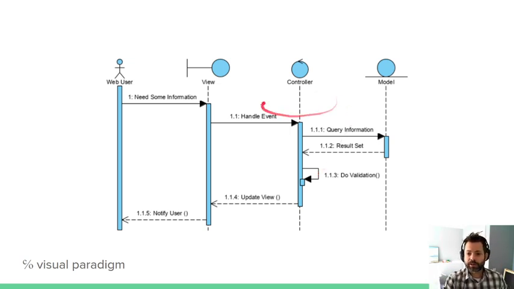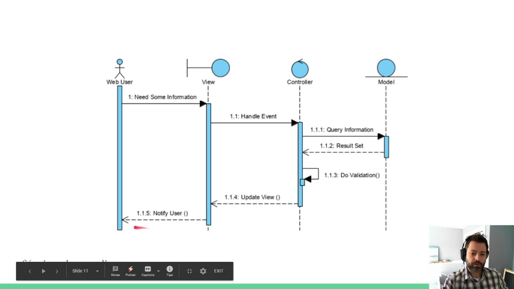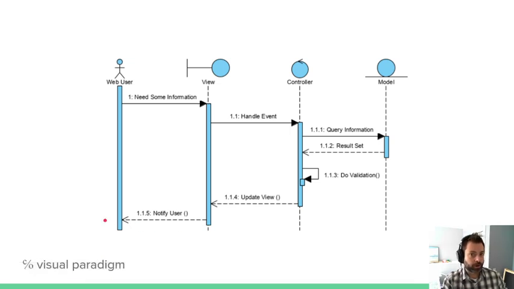Well, there should be a validation here as well because you don't trust anything from the user if you're a website. Good point to always keep in your mind. So let's validate the data. If life is good here, we update our view. The view tells the user, which could just be rendering HTML or sending a push notification or whatever we're doing here. So pretty straightforward.